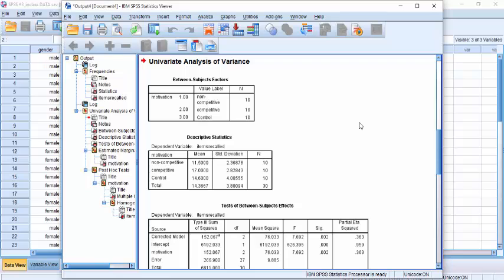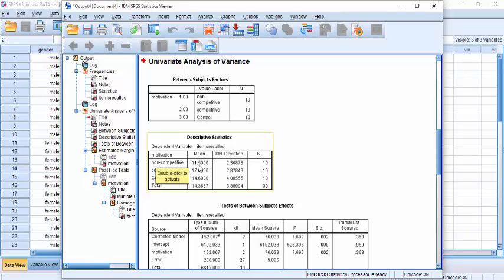Alright, so once we do the ANOVA, we get several tables in our output. The first one shows us our N, or sample size, for each of the levels of our independent variable. So we have 10 in each. The next one shows our means for the DV across the levels of our IV.